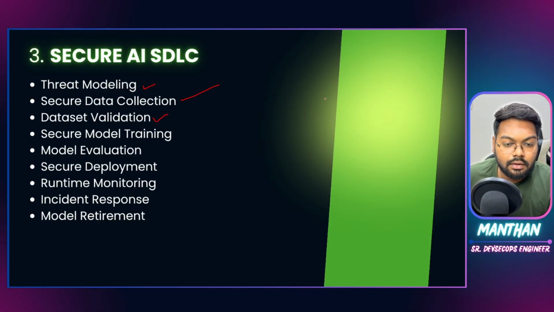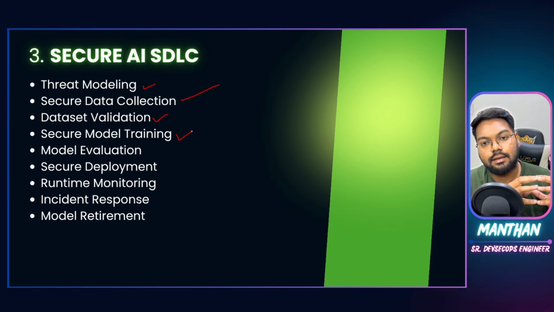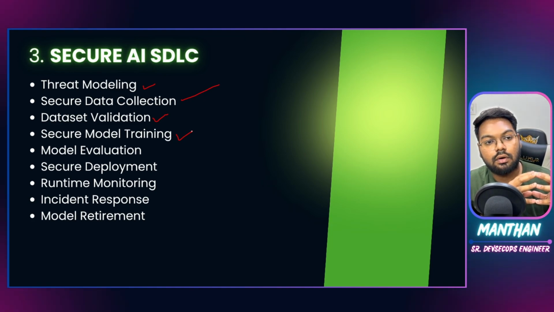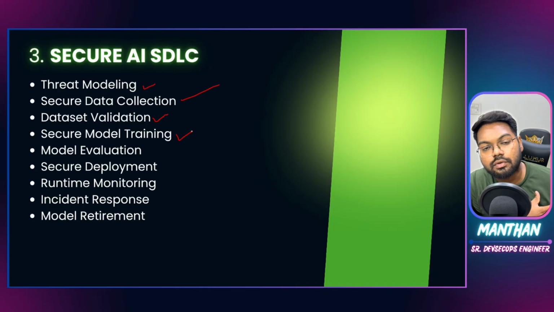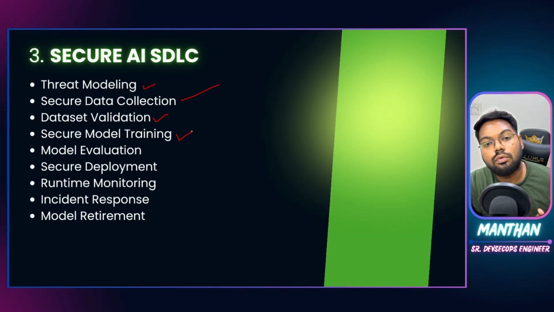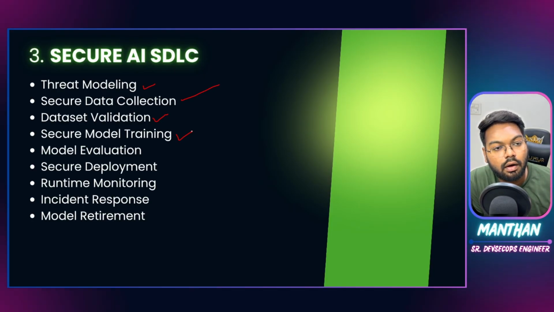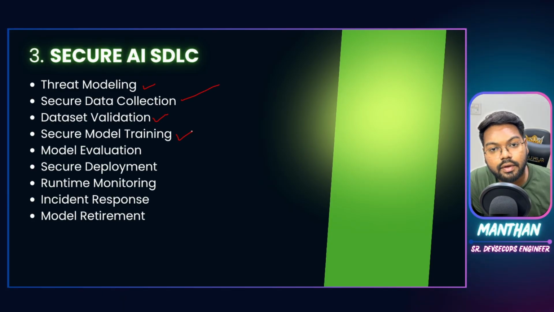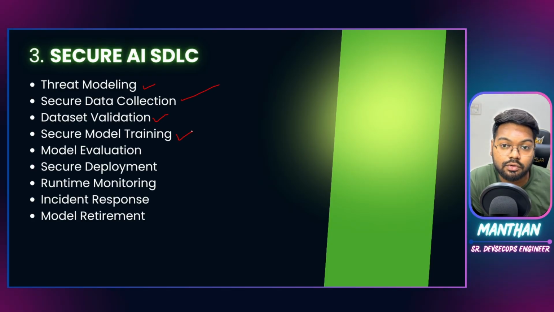That's one. Then you need to train your model very securely, so that data should be clean, data should be authentic. And when you are training your model, it should not be missing some bits and pieces of information, and there should not be incomplete or halfway knowledge, or misinformation in your model.